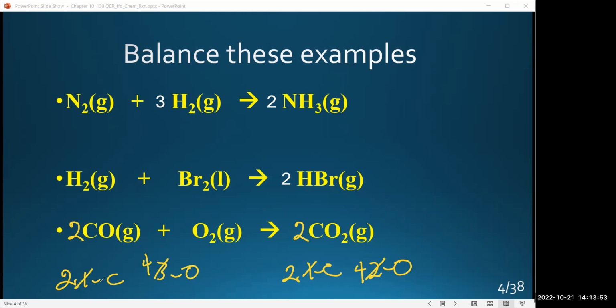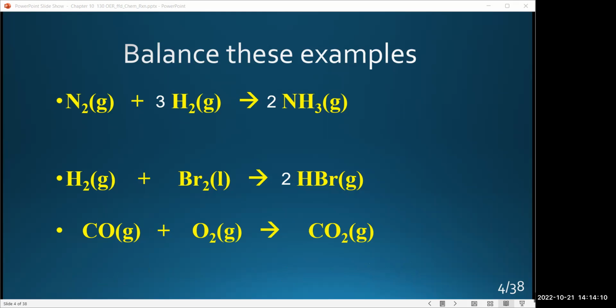We got 2 carbons and 4 oxygens on the left, and then 2 carbons on the right and 4 oxygens on the right. So that definitely did work, and we are balanced. So we need 2 molecules of carbon monoxide for every 1 molecule of oxygen.